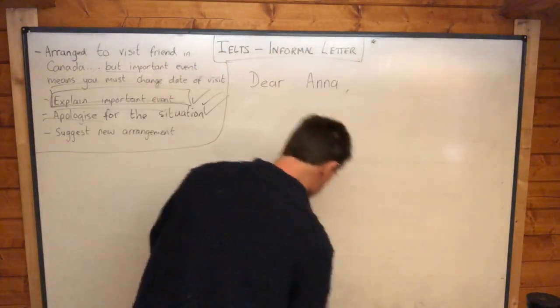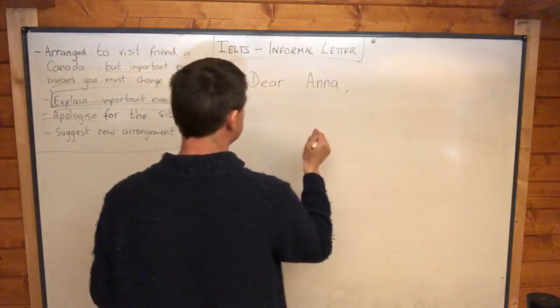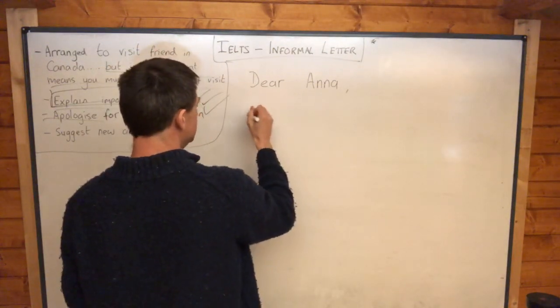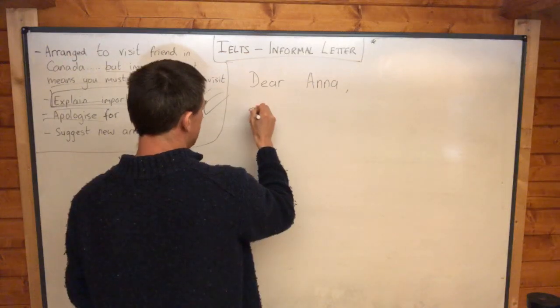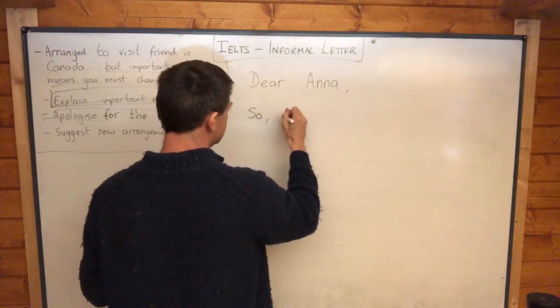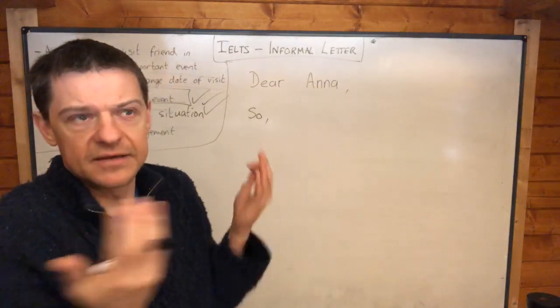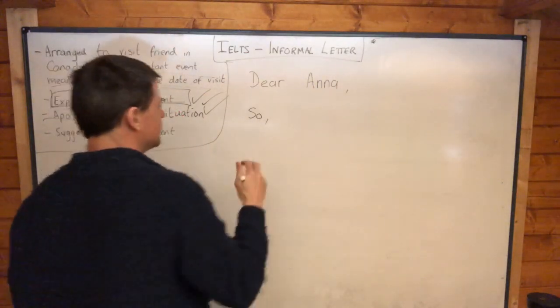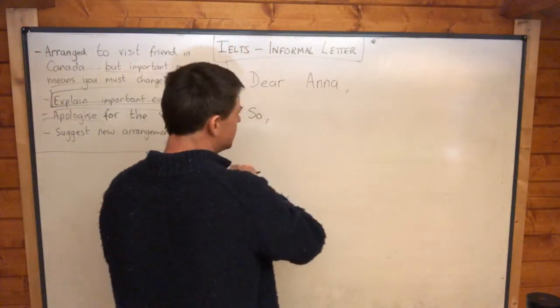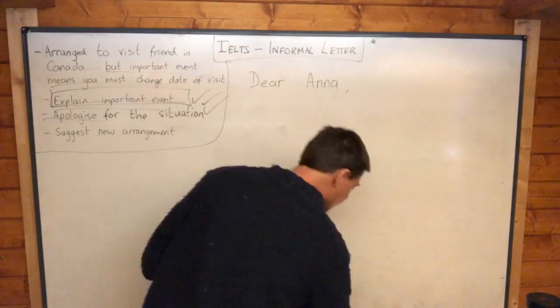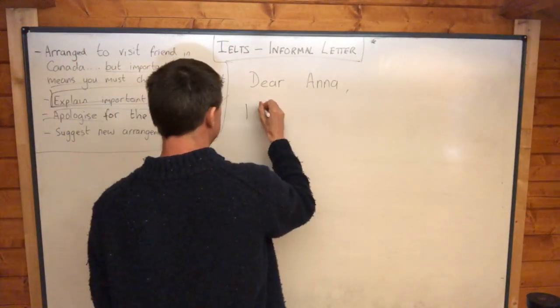So I'm going to start a new paragraph with something like, So, how are you all coping in Canada? I'd quite like to know how Anna's doing in light of all this news about the coronavirus pandemic. So perhaps we could start with something like, I hope.